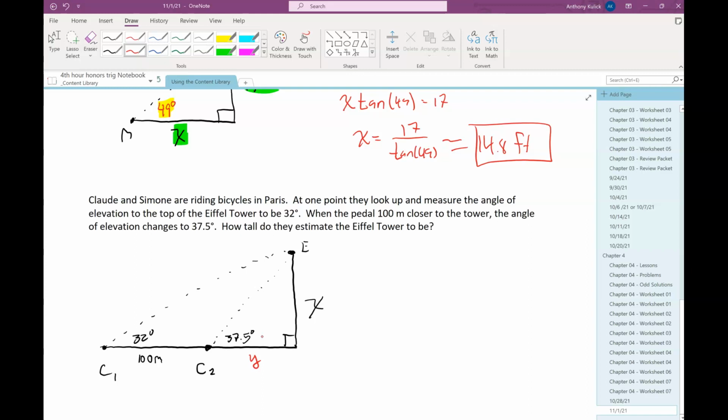So the first triangle I'm going to make is going to be the big triangle. So what is that adjacent side of the big triangle got to be? It's got to be 100 plus y. Everybody's okay with that?